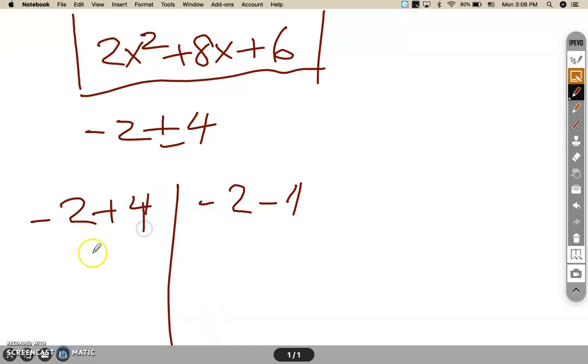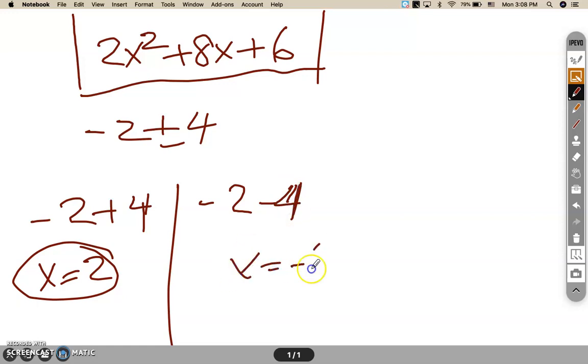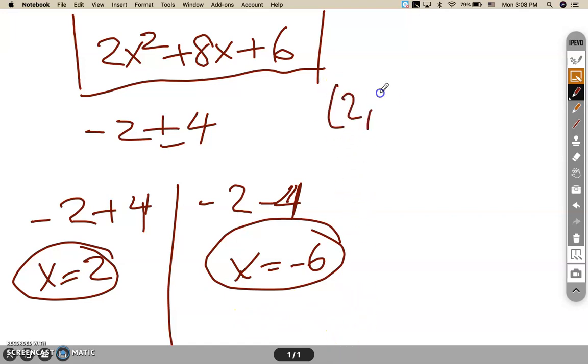If I simplify this, I would get x equal to 2, and then here I'll get x equal to negative 6. And those would be my x-intercepts. And these I would plot when y would be 0. So if I were to write this, it would be 2, 0, and negative 6, 0. In this case, these will always have 2 different x-intercepts, okay?